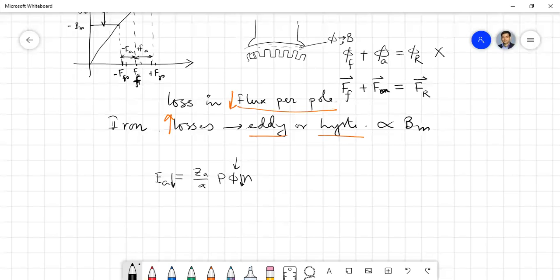And if iron losses are increased, then the efficiency will be reduced. This iron loss, if increased, will directly affect the efficiency of the machine, which will deteriorate. So this is how these two things will affect the operation of the machine.